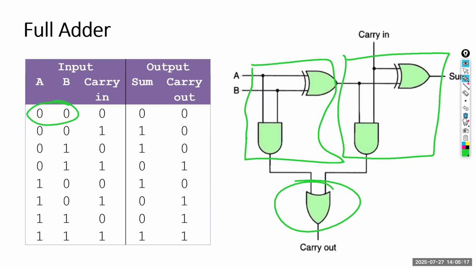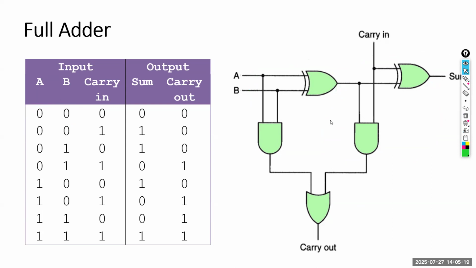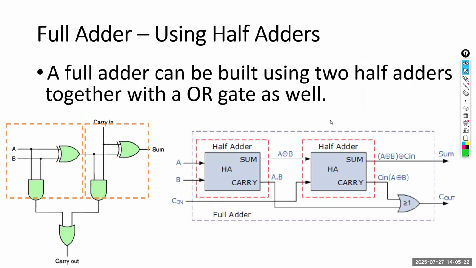Okay. So this is another way of looking at it. Say I have a half adder and its output is given to the other half adder, which is an XOR gate. And if you have a carry in this or that, right?